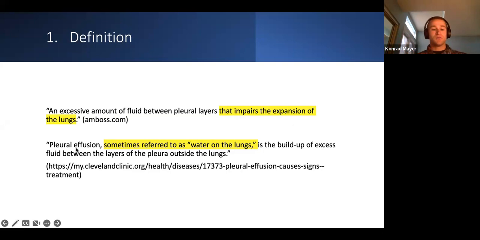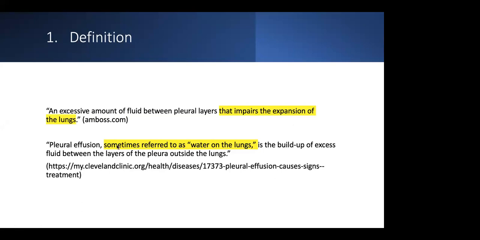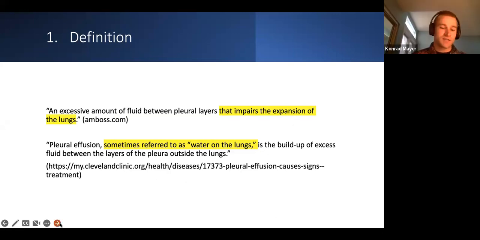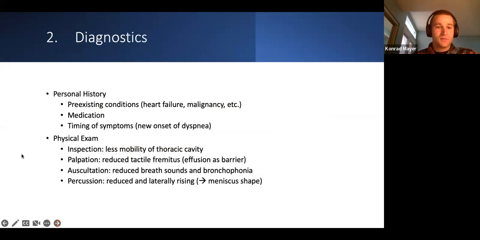But fluid in the pleural cavity is normal, and when it becomes too much, it has effects, and that is the problem. I just thought that was interesting, and it already sets the tone for studying pleural effusion, and that's why I thought it was worth taking a minute. So let's get into the approach to pleural effusion.